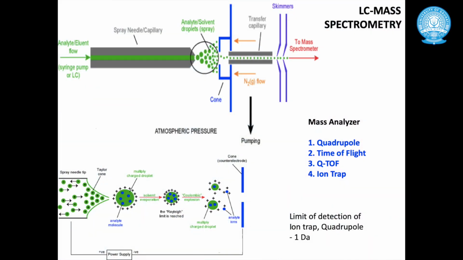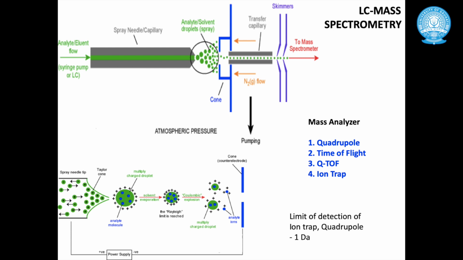Remember, I talked about this in the last class also. We use a hyphenated technology called gas chromatography MS, GC-MS. This hyphenated technology in combination gives us the most accurate information of the molecular mass of the compound being studied.